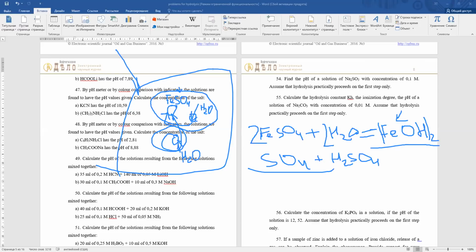What will happen in the second step? So, your question? What will take place in the second step? What will we add?